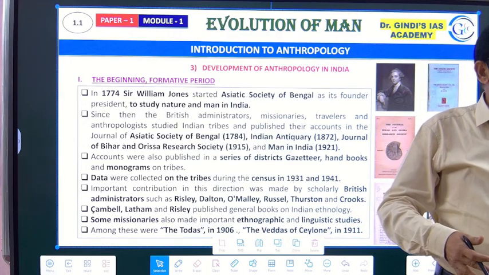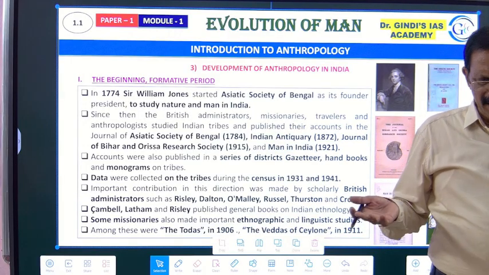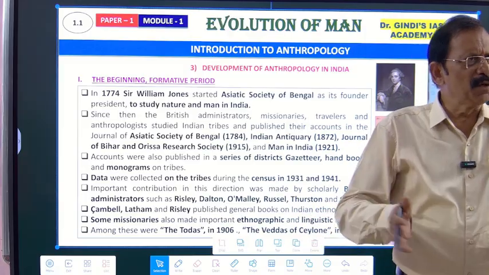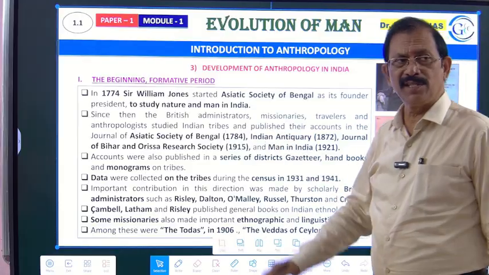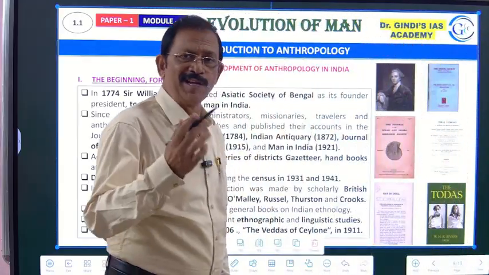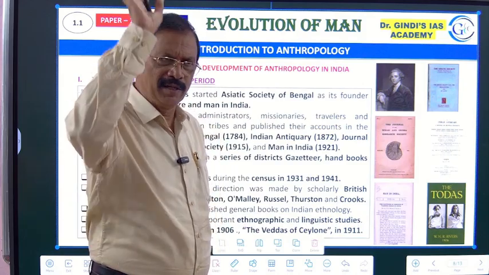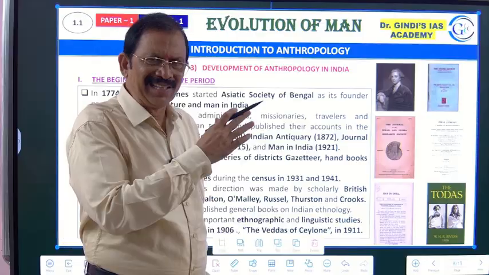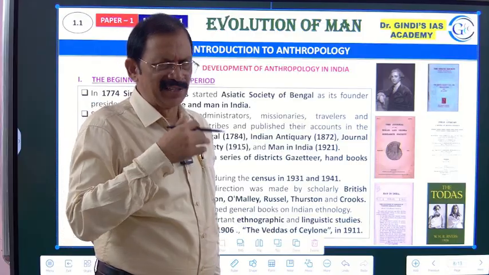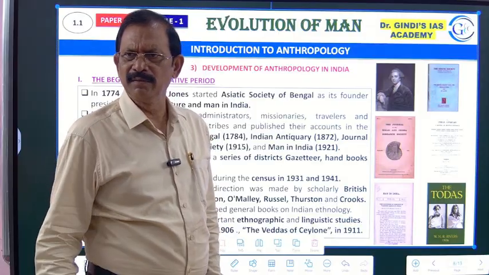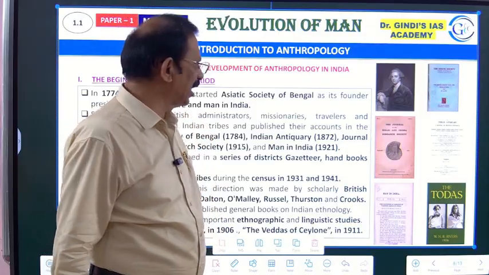The district collectors used to publish the gazettes. In them we can see information about the various tribes and communities that lived at that time, their lifestyles, their economy, their population, and the diseases that attacked them. Everything we can get as information.